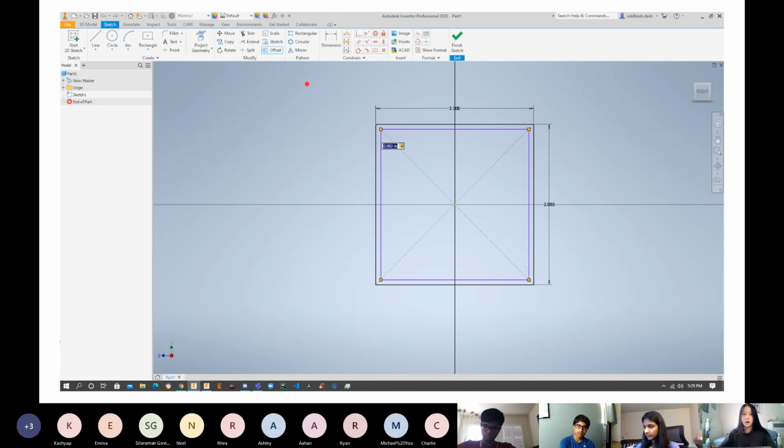So if you're using the offset tool, instead of creating 2 squares, by changing the first square to maybe 3 by 3, this second square will change with it depending on what distance you set between these 2. And you can also set an equation for the second square based on this one to change with the original square as well. Okay.